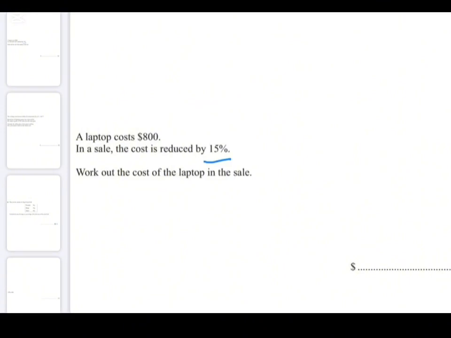First we write 800, this is the original value, multiplied by 100. As you see, it's reduced, so we have to add minus 15, divided by 100.